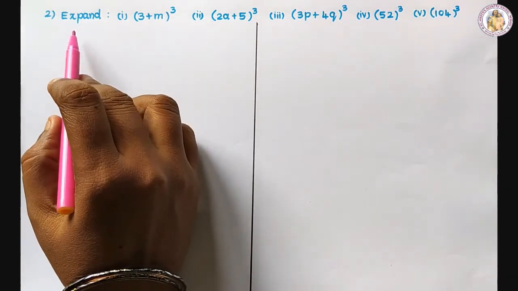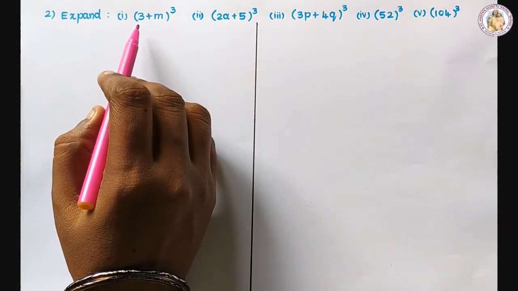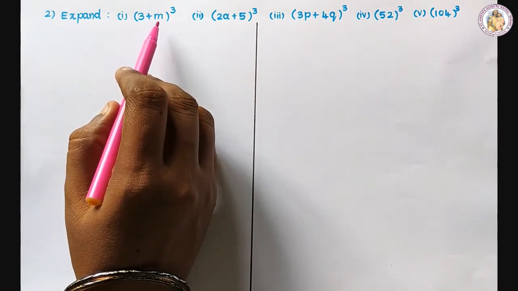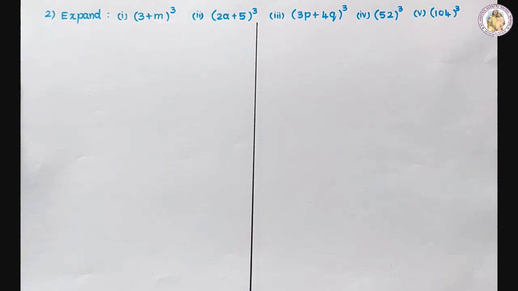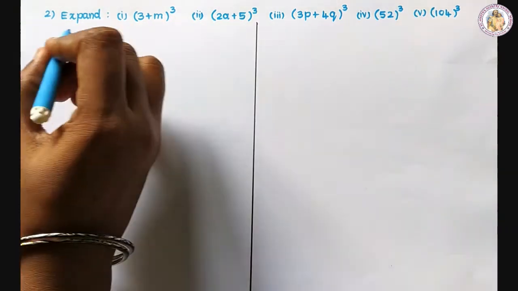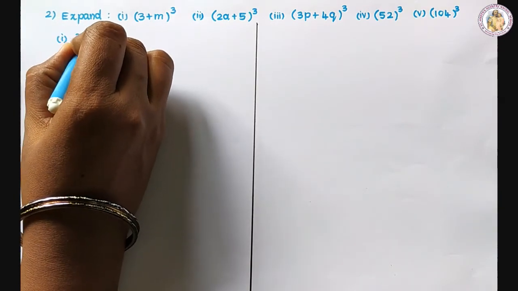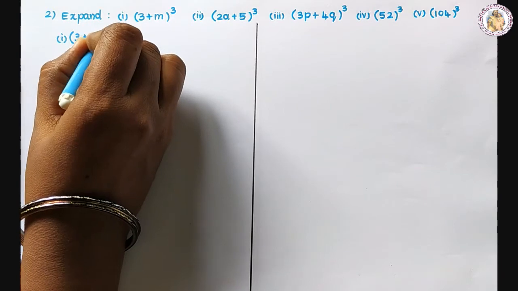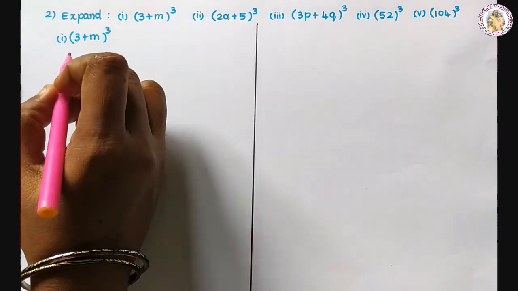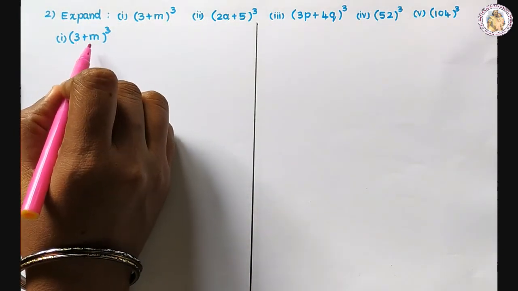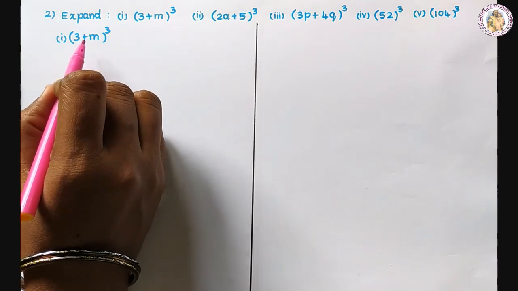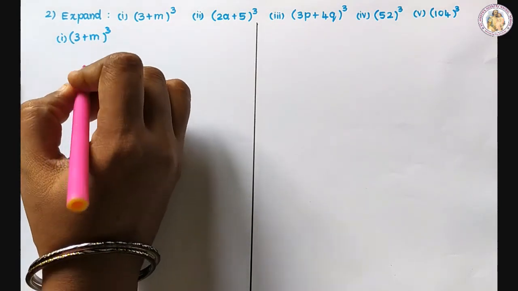Second one, expand (3 plus m) whole cube. Listen, these are the cubic identities. First one, (3 plus m) the whole cube. What formula can we use here? (a plus b) whole cube.